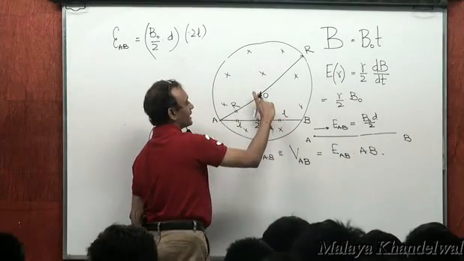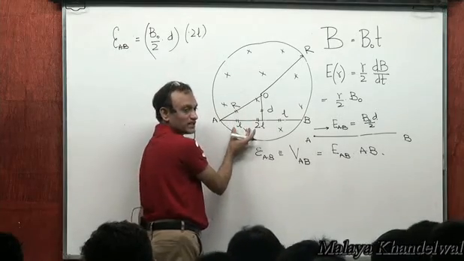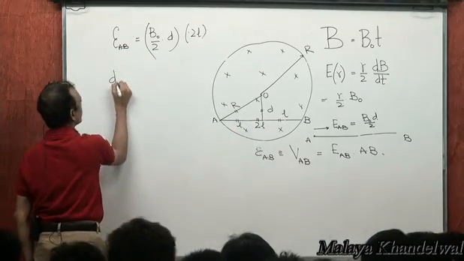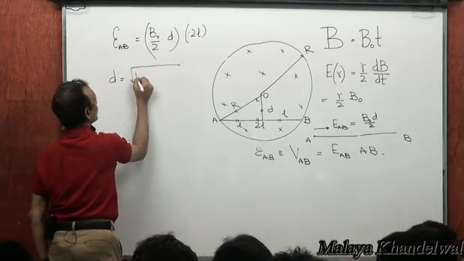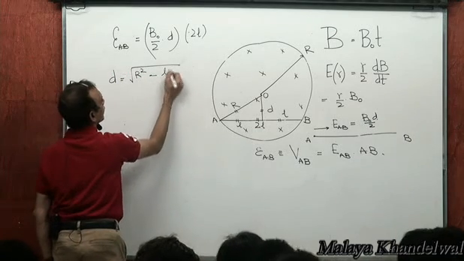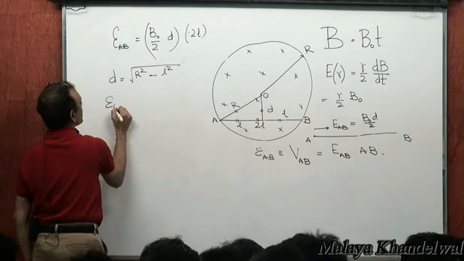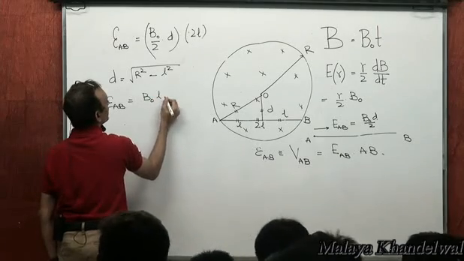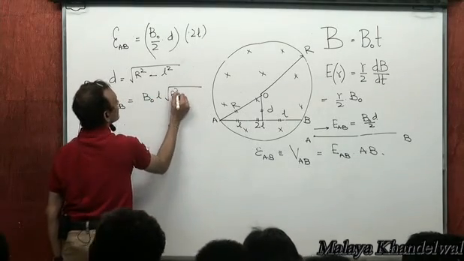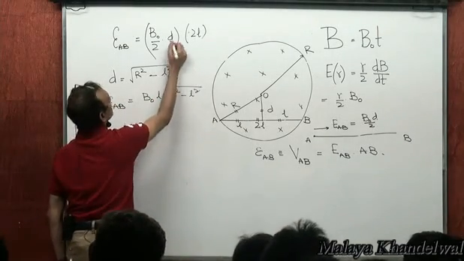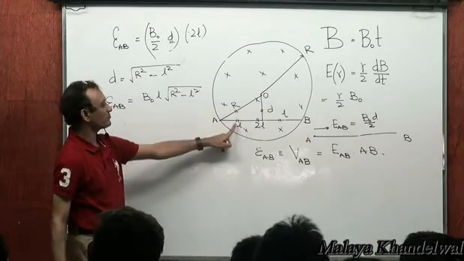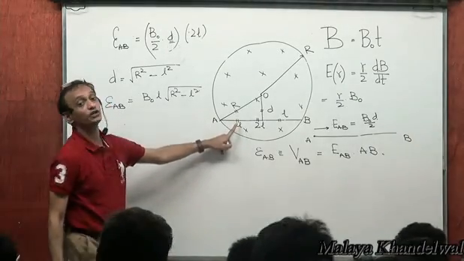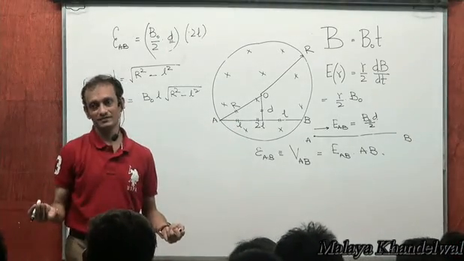So then realize D would be root R squared minus L squared. So the induced EMF across AB is B naught L into root R squared minus L squared, plugging in D as obtained from Pythagoras theorem. That's the induced EMF in the rod AB. Got me?